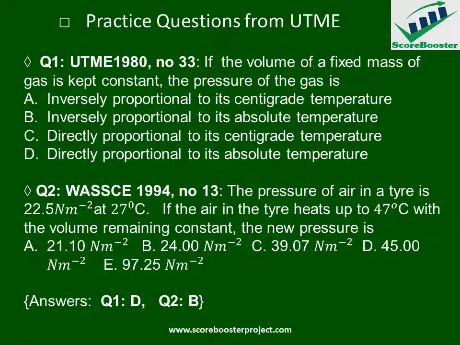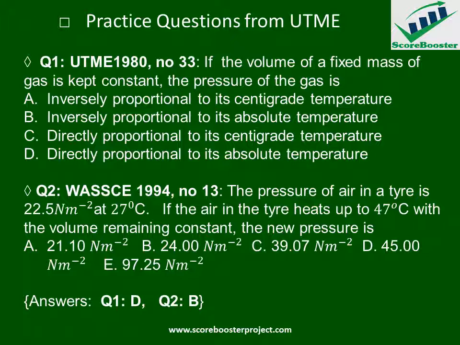Then the second question here for your practice comes from WASC 1994, number 13. And the question goes thus: the pressure of air in a tire is 22.5 Newton per meter square at 27 degrees Celsius.